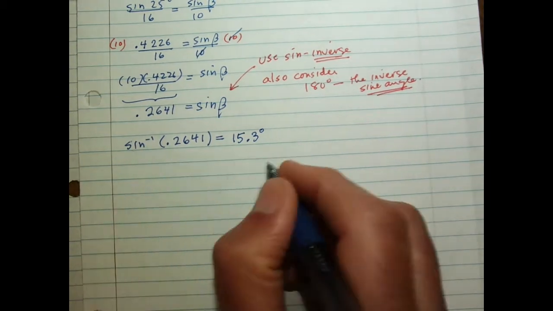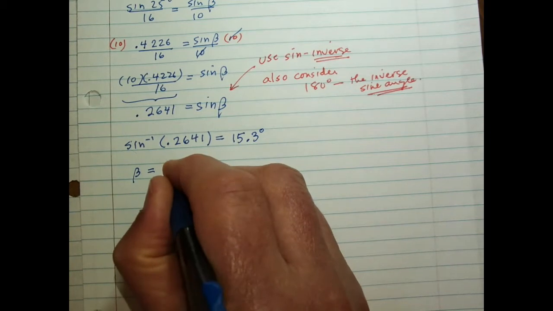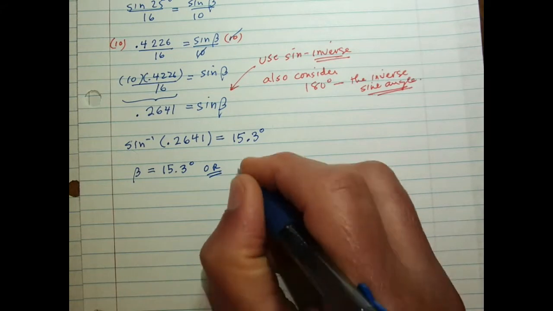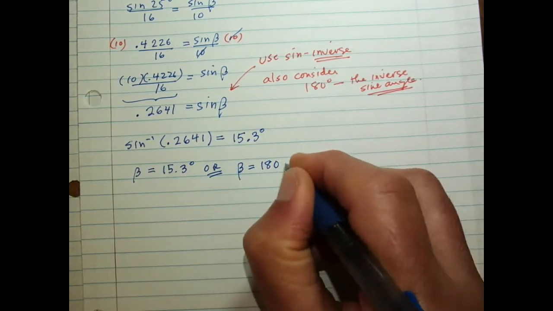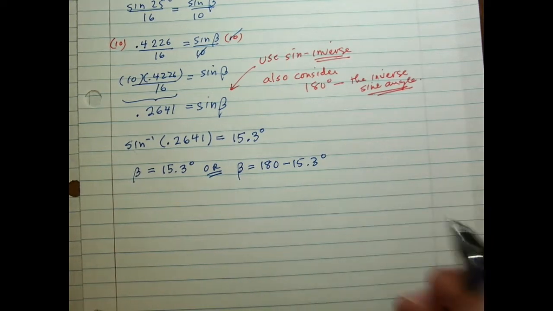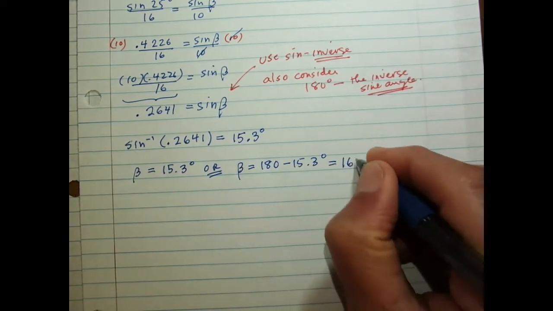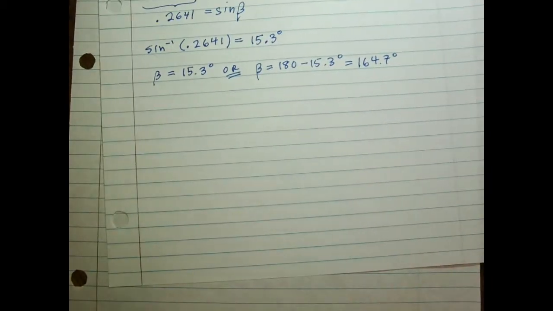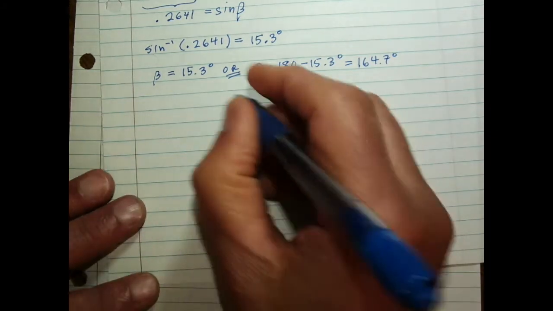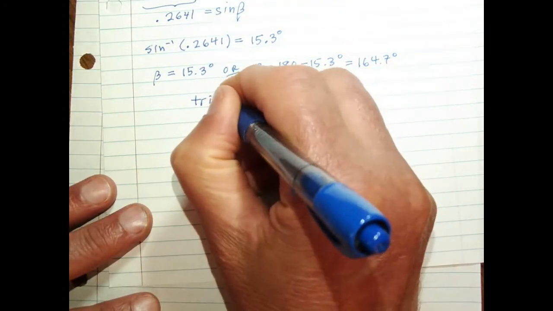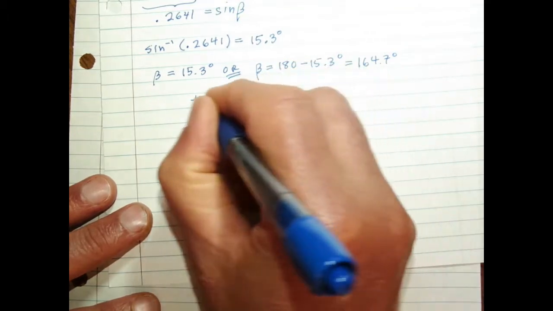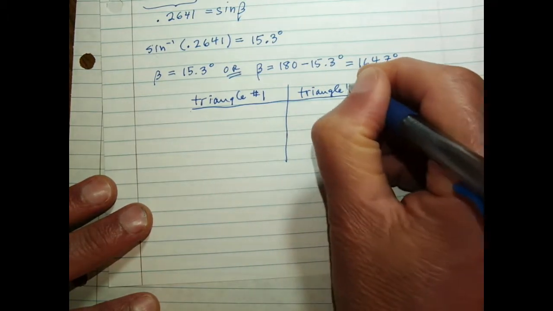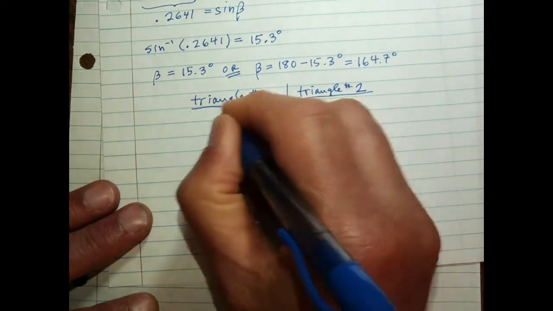So beta equals 15.3 degrees, or beta is equal to 180 minus 15.3 degrees, which is 164.7 degrees. So I got these two values of beta that I have to consider. That was my answer in the previous video, where I wrote triangle number 1, triangle number 2. I'm starting to sum up my information.